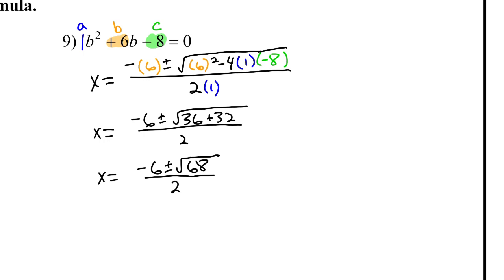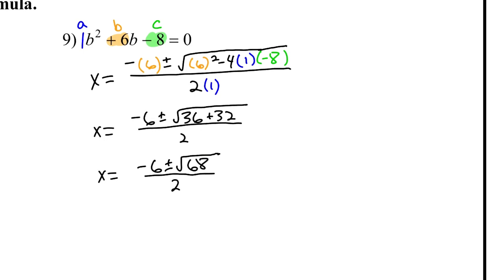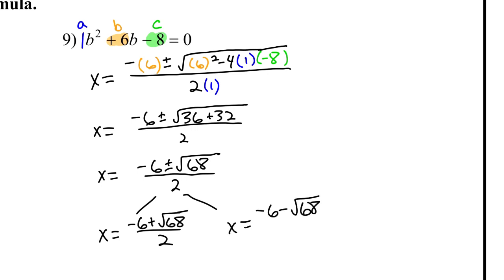But I'm actually just going to use the calculator right here. So we're going to split this into two things here. x is equal to negative 6 plus square root 68 over 2, and x is equal to negative 6 minus square root 68 all over 2.